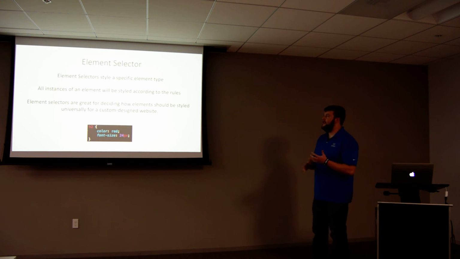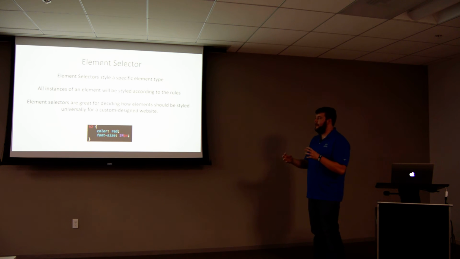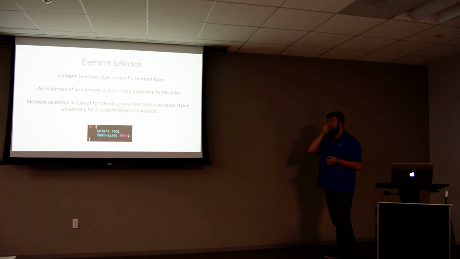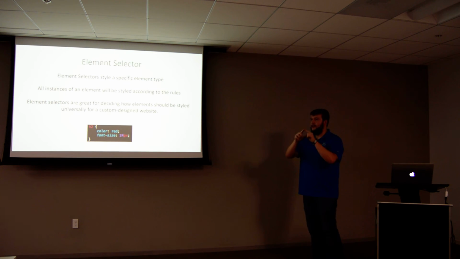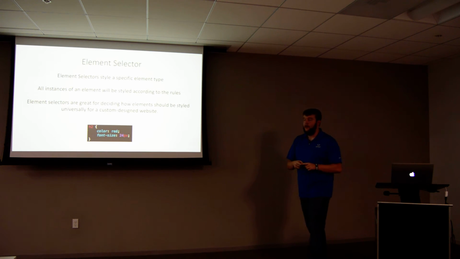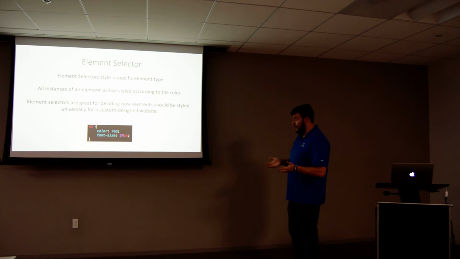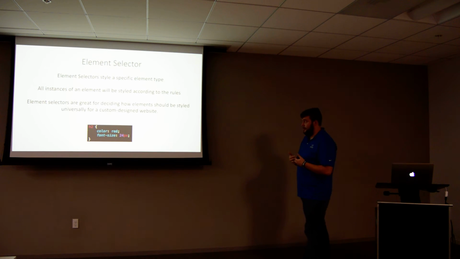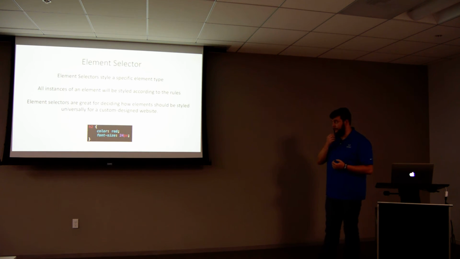If we want all our H2s, headers, paragraphs, or even all our images to look a certain way, for example, anytime I add an image to an HTML page I want it to be rounded, like circular, that's something you can do in CSS. It's a great way of deciding how elements should be styled universally for a custom design website.